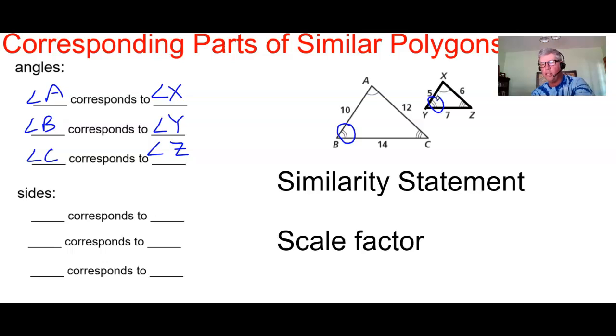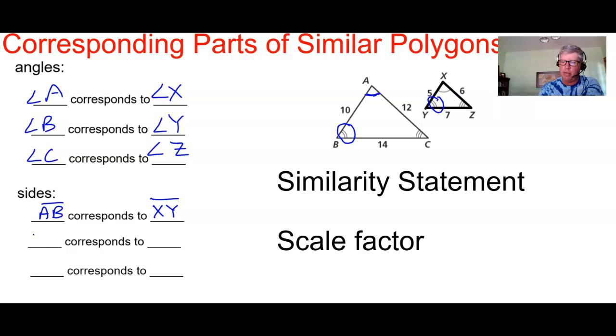All right, so once we have that orientation, we could say that side AB, so when I'm looking at side AB, I'm looking at the single one there and the double. So where am I going to go from the single to the double here? And that's obviously X to Y. There are three sides of a triangle, so there are going to be three pairs of corresponding sides.